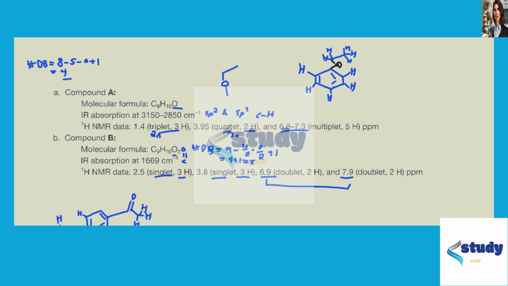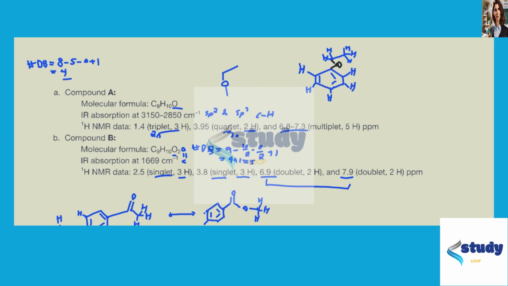But another way I could draw this molecule could be something like this. We have that aromatic ring with our carbonyl group, but now we add the oxygen here, and then the three hydrogens will be here, and this will still be a singlet.